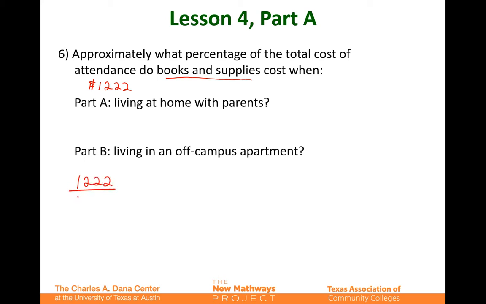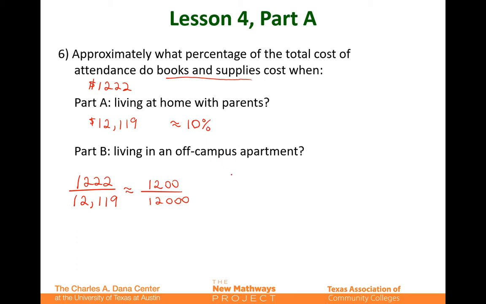Living with parents costs $12,119. That's the total cost for all of your school expenses. Well, we can see this is approximately 10%, right? 1,200 out of 12,000. So the answer here is going to be approximately 10%.